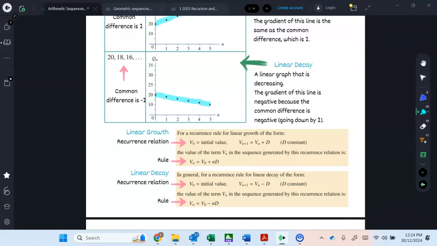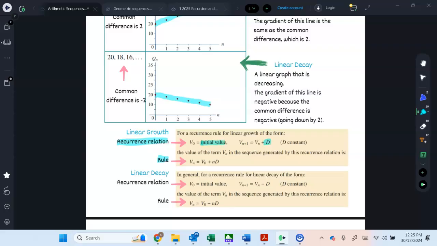Now in general maths, the main things that you need to realize are the recurrence relation and your rule. With a recurrence relation, it may seem a little more complicated because we're introducing letters and some numbers and the letter n. You're like, what does this actually mean? The only things that will change are your initial value and your common difference.